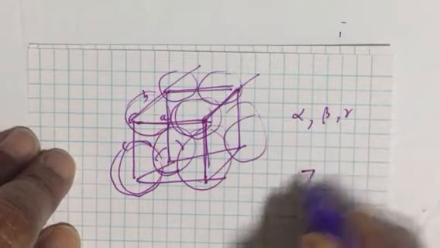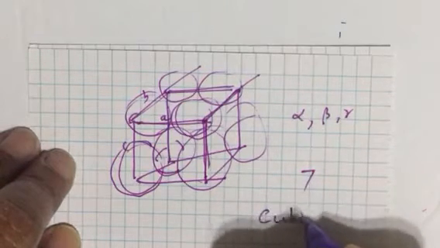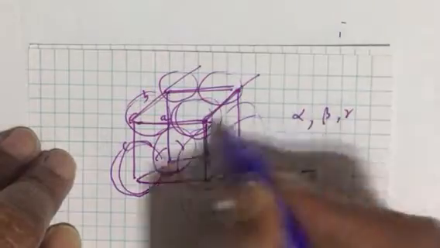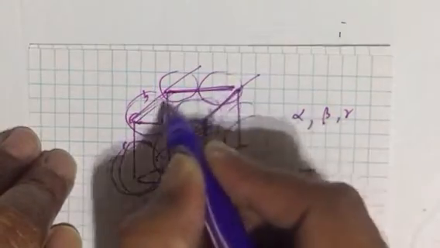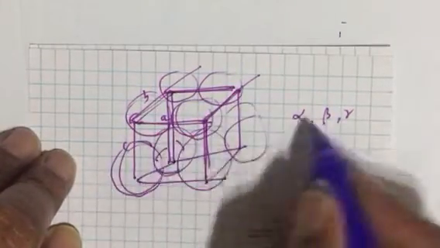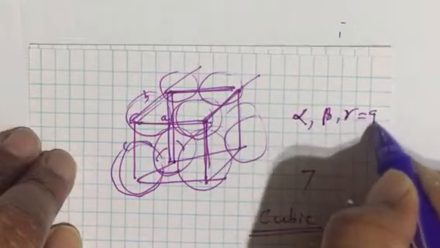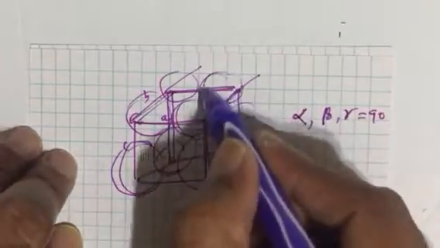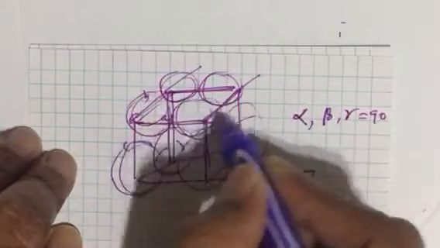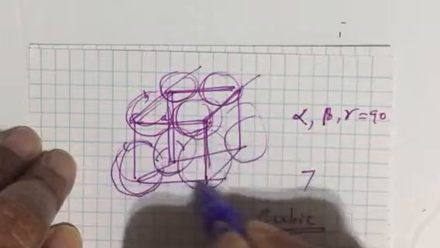In that, the simplest one is the cubic system. In a cube, all the three axial lengths are identical, and all the three axial angles are equal to 90 degrees. And here you can see particles are arranged so that they appear to be touching.